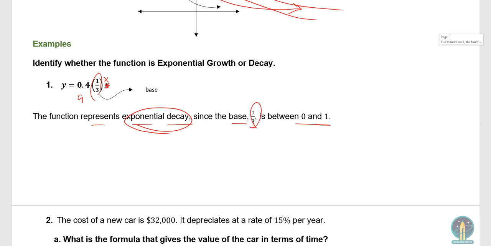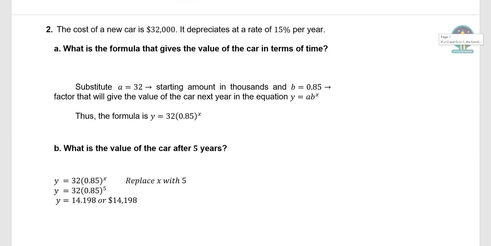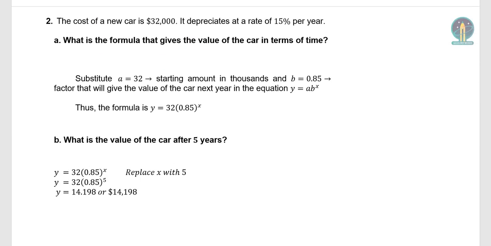Let's look at another example. The cost of a new car is $32,000. It depreciates at a rate of 15% per year. What is the formula that gives the value of the car in terms of time? Substituting a equals 32 in place of the a term, this is the initial amount.